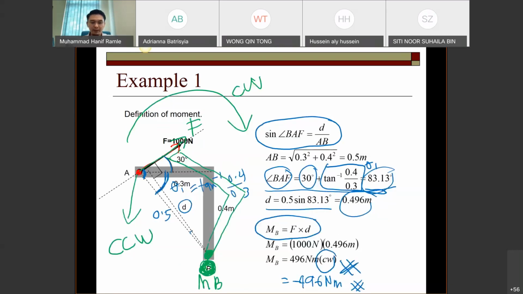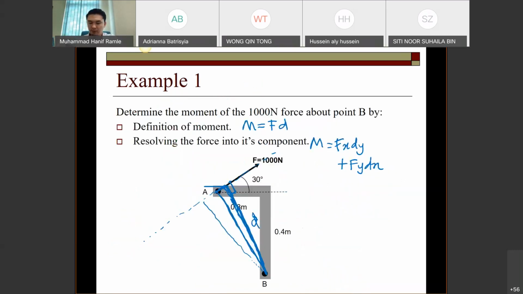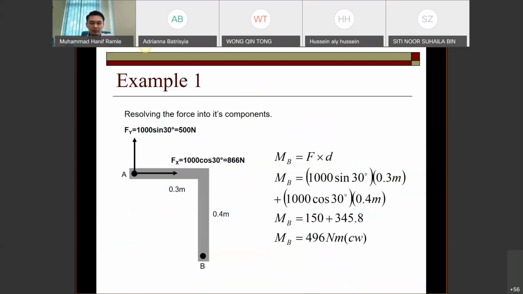So this is if you use the definition of moment. For the second question from this example, you have to resolve it into its components. The second one uses Varignon's theorem, where you have to resolve the force into two components first, like I explained just now in the previous slide.